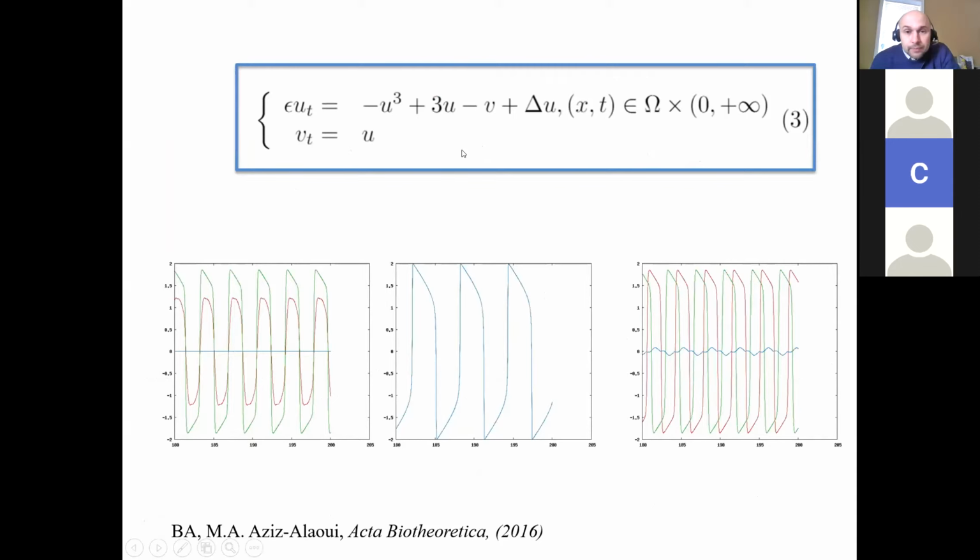Okay, and then, so here I show you 3 things. This corresponds to the first pattern, the spiral. This corresponds to the second pattern, which are constant solutions in space, and this corresponds to the third pattern. So here I picked 2 points in the space, and I'm showing you u at these points.